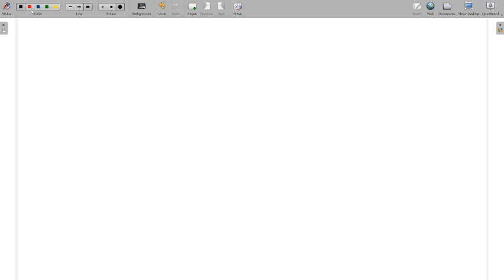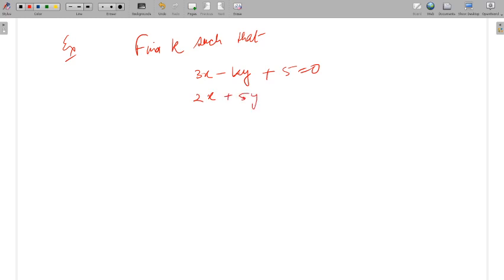Let us do one more problem. Find k such that 3x minus ky plus 5 is equal to 0 and 2x plus 5y plus 2k minus 1 is equal to 0.